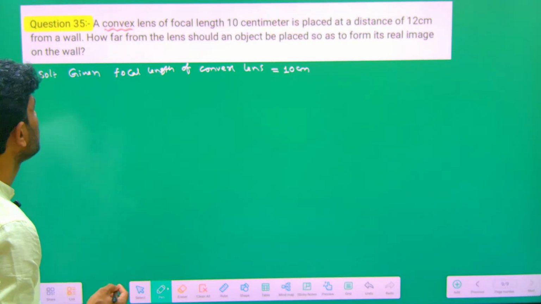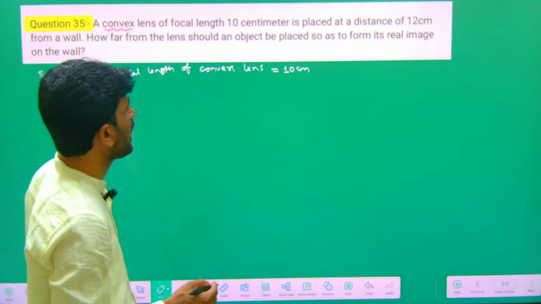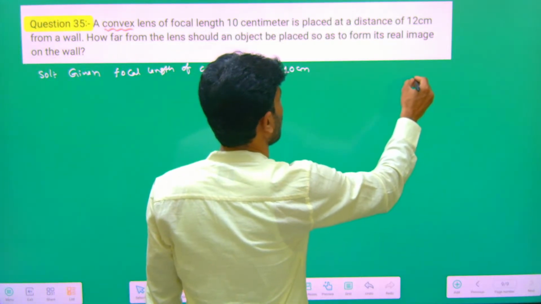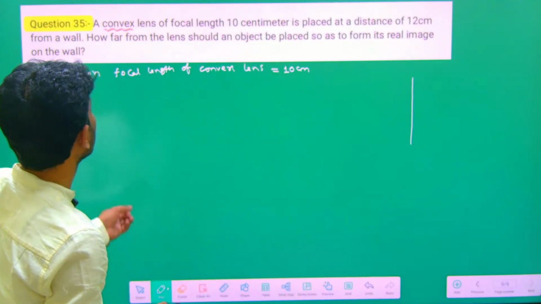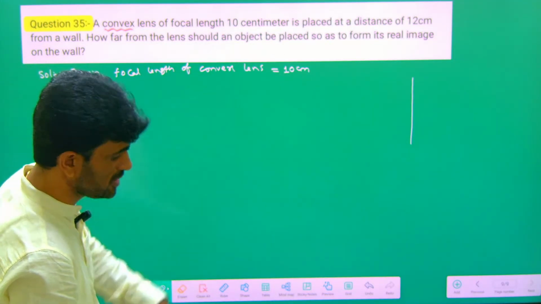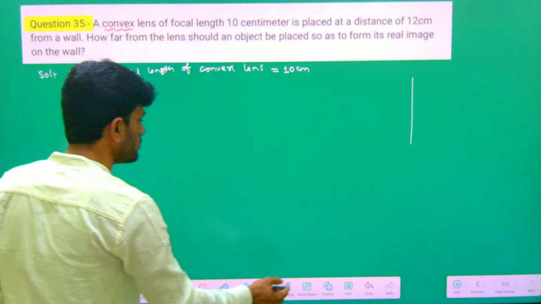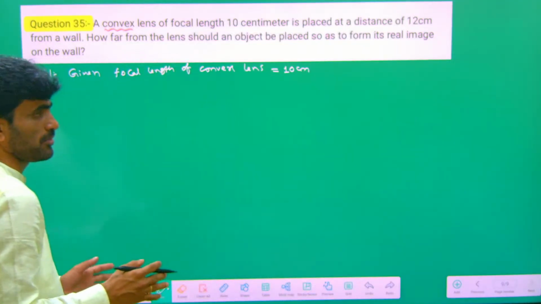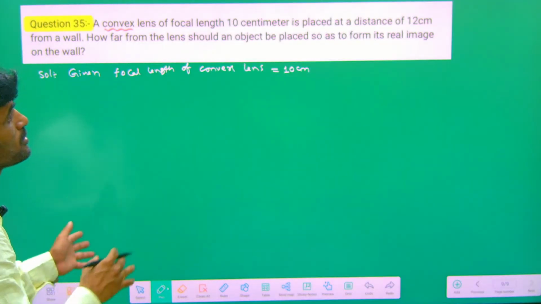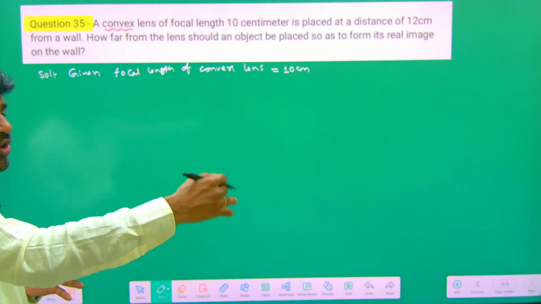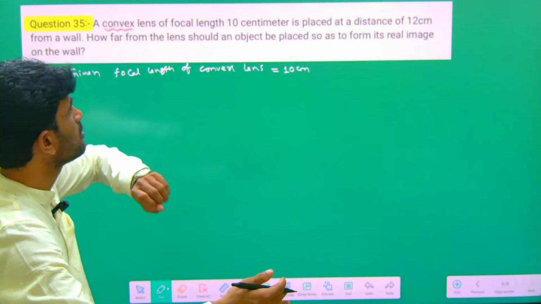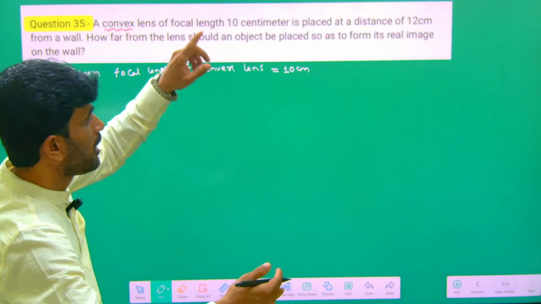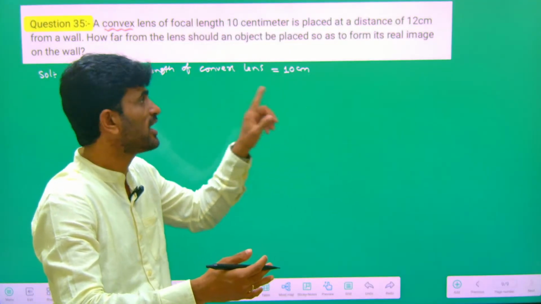They are asking where the object should be kept so that the image forms on the wall. Because the image is forming on the wall, and where the wall is kept is also given, the image distance is given and focal length is given.